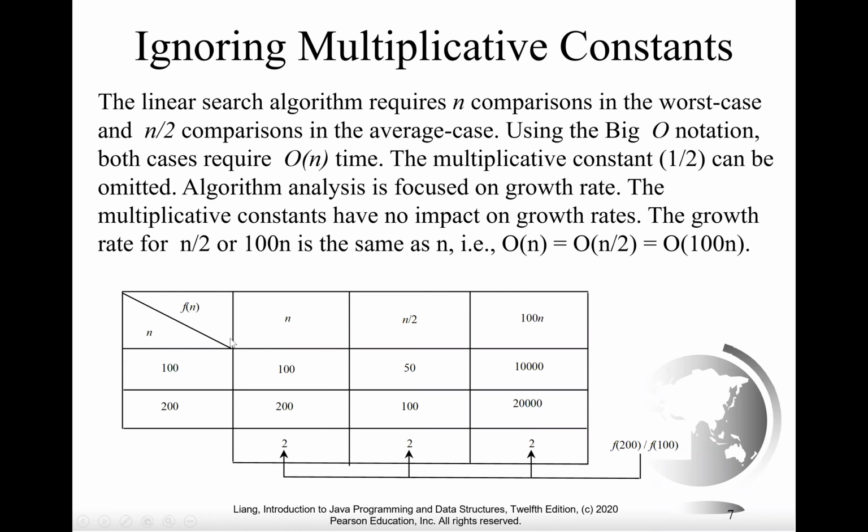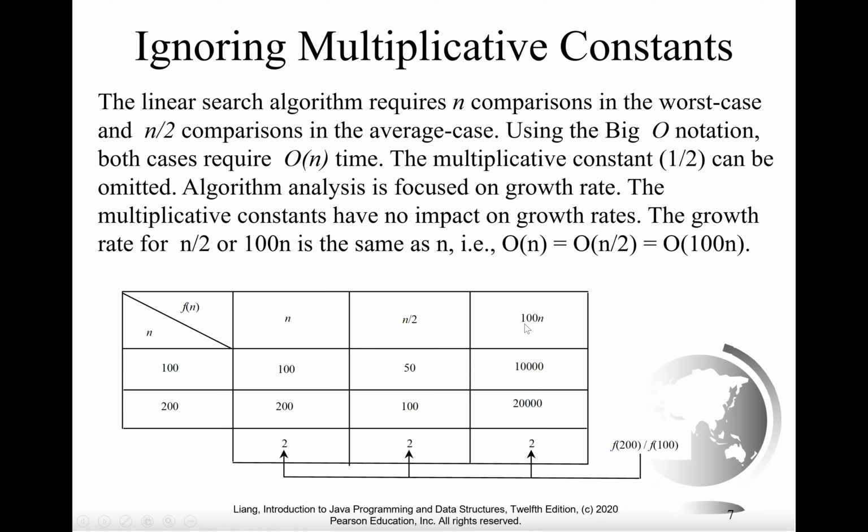So let's look at this table here. We have the size n for 100 and 200. And this is the function f(n). For n over 2 and 100 times n, look at this, the time is different.